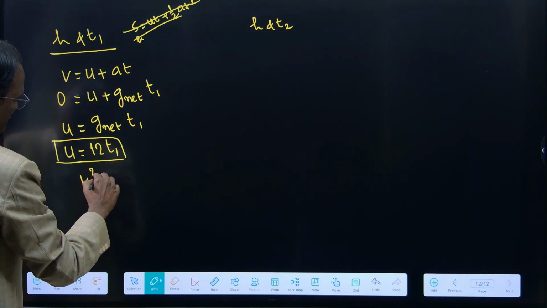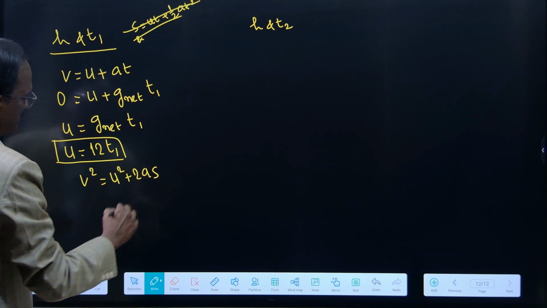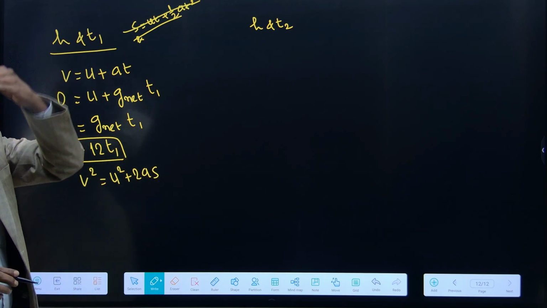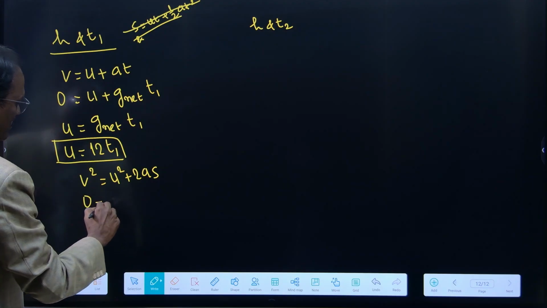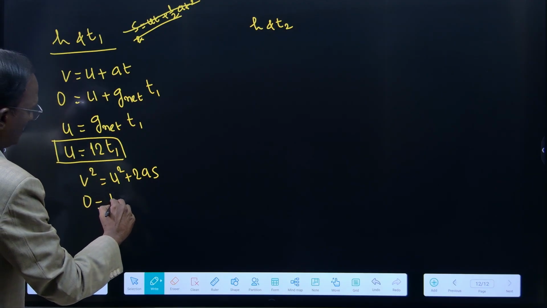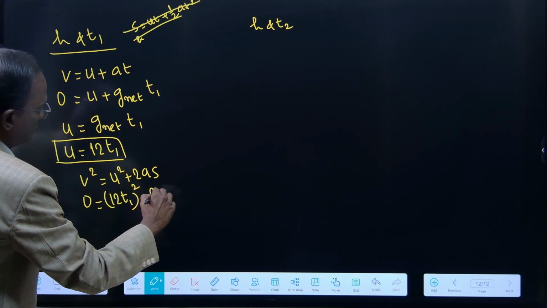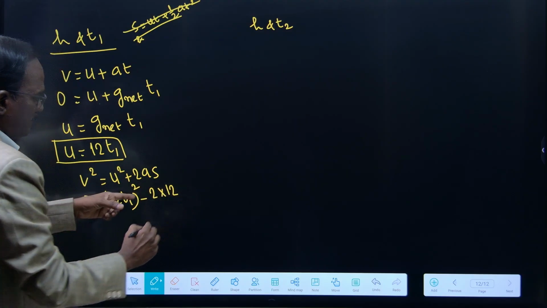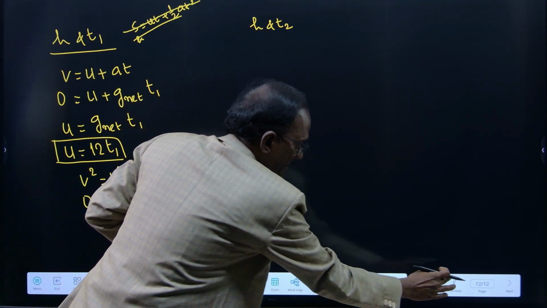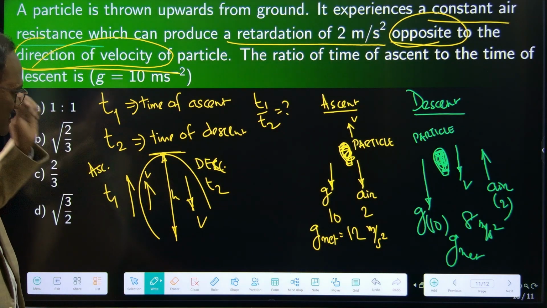So second step, v square is equal to u square plus 2as. V is equal to 0, the final velocity at the maximum height during ascent. U square is 12 T1 square, which is equal to minus 2 into G net, 12, into H. Minus value, why? Both are acting downwards.